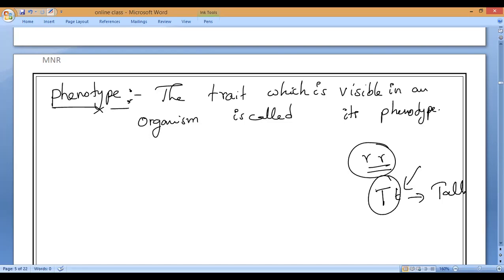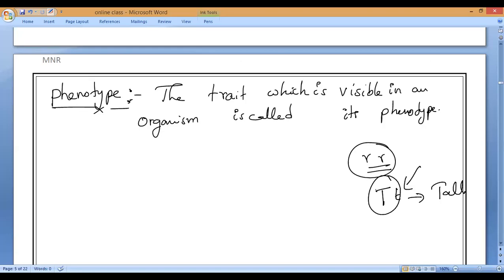That is how the genes help to transfer the characteristics from parents to the offspring. That process is called heredity. Inheriting the characters from parents to the offspring is called heredity.